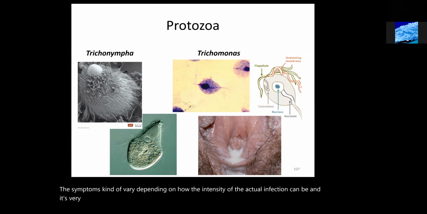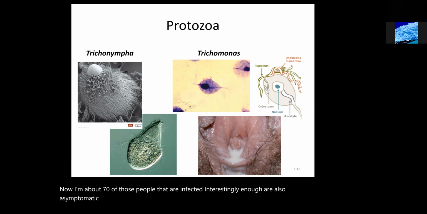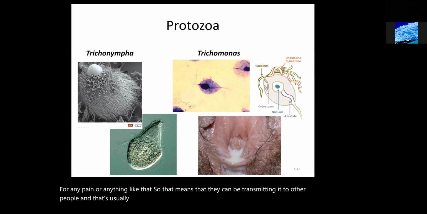So usually per year, about 1% of our United States population has this. So that's a pretty good group out there. Now, about 70% of those people that are infected, interestingly enough, are also asymptomatic or don't really report any pain or anything like that. So that means that they can be transmitting it to other people, and that's usually the danger behind these infections. If you can't tell, you're passing it on to others.